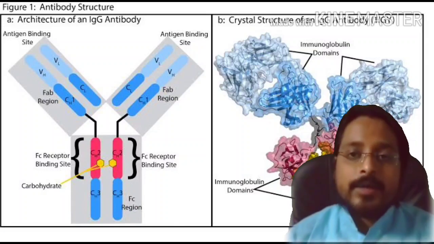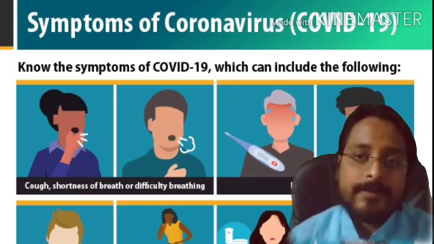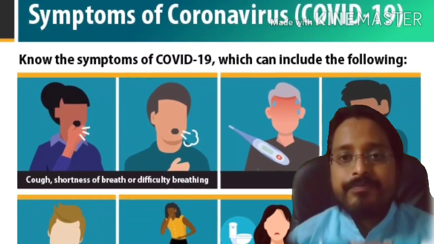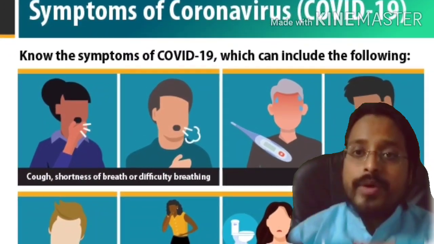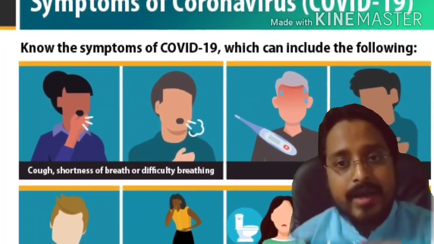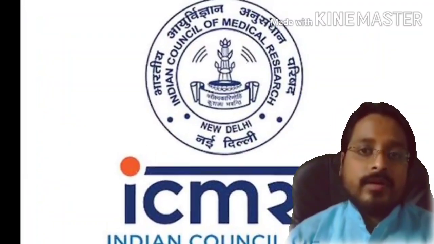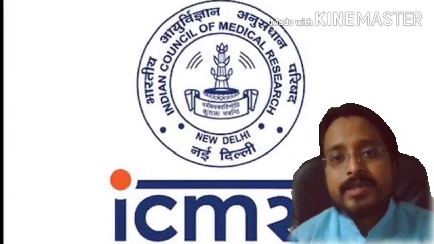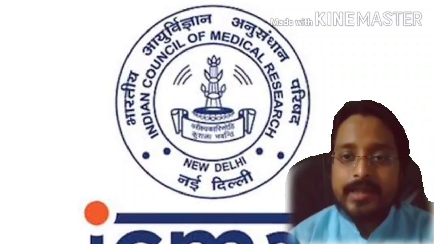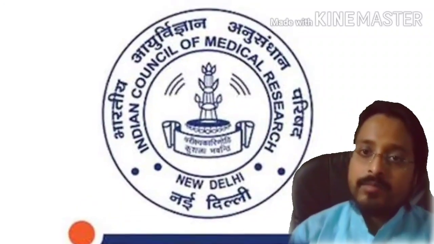It tells us that a person has been affected and has recovered from it. It is to be noted here that ICMR has approved the rapid antibody test for COVID detection. Therefore, there is nothing to be worried about when it comes to RAT.